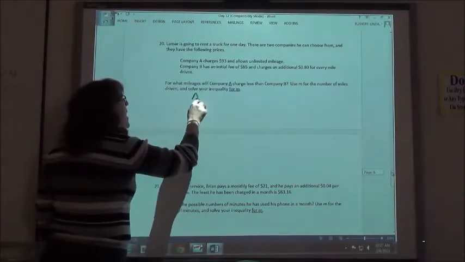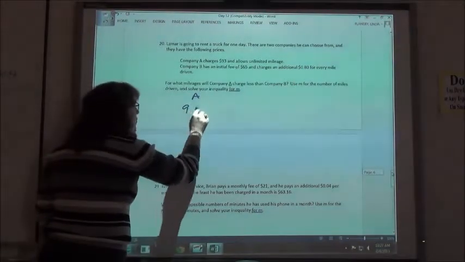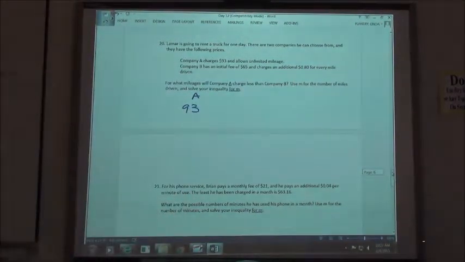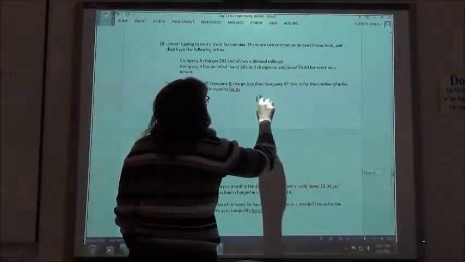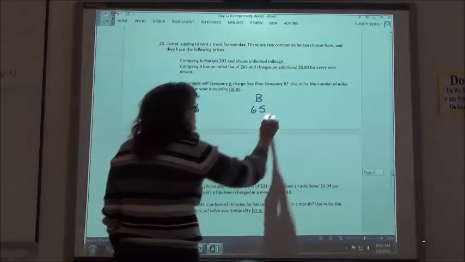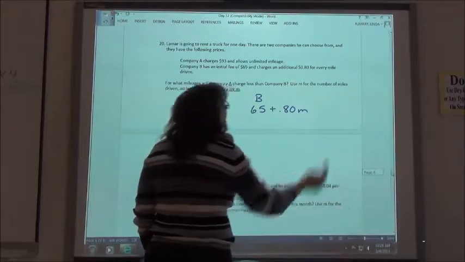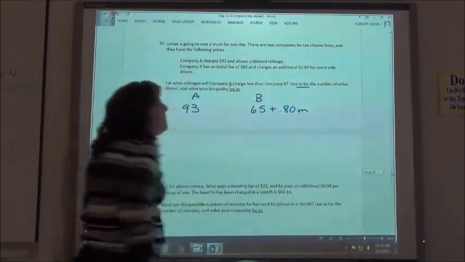So for Company A, they're going to charge me $93. Doesn't matter if I drive 1 mile or 900 miles, I'm going to pay $93. Company B is going to charge me $65 to start with, but I'm going to have to pay an additional 80 cents for every mile driven, and it told me to use M for my miles.